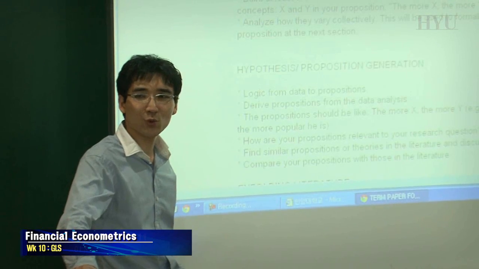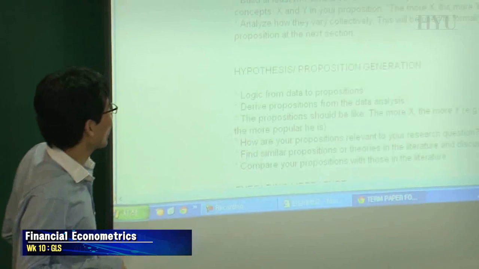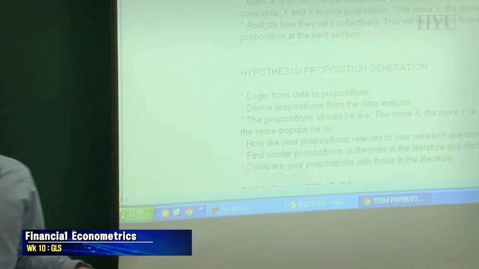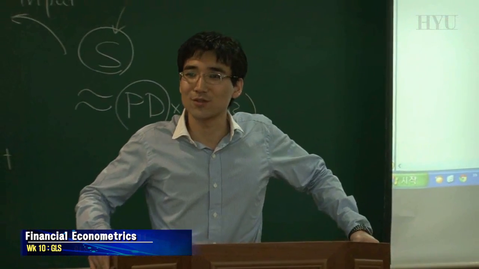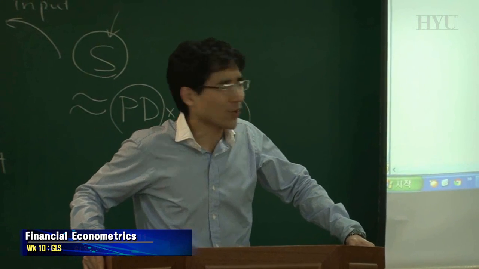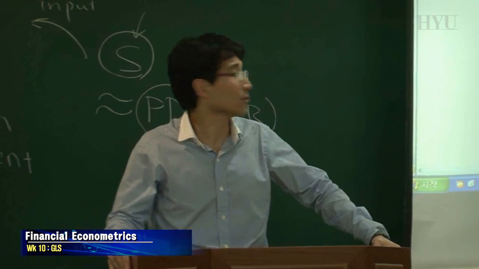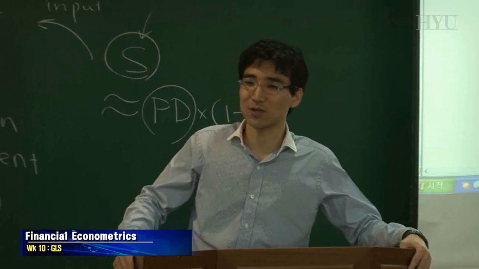So x is the cause, y is the effect. For example, the taller a man is, the more popular he is. Height is the cause, popularity is the effect. Or, the more inflation, the better gold performs. In that case, inflation is the cause, and the performance of gold is the effect.